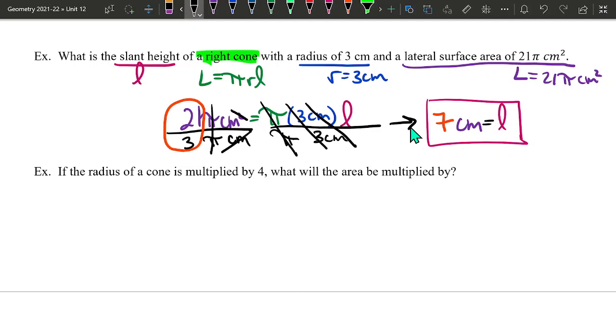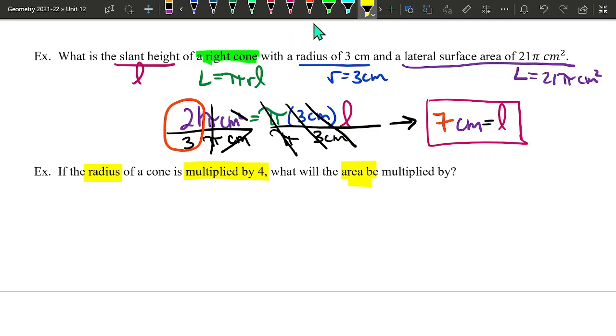All right, and then the last one is the effect of changing dimensions. This one's a little different from the last one that we went over Wednesday. If the radius of a cone is multiplied by 4, what will the area be multiplied by?